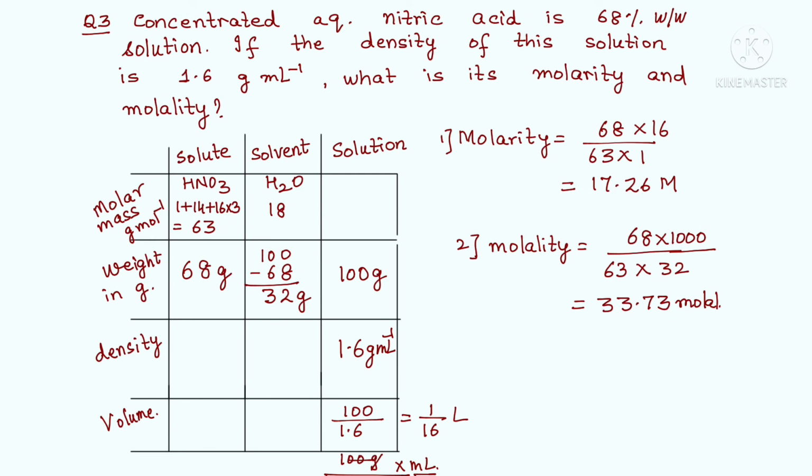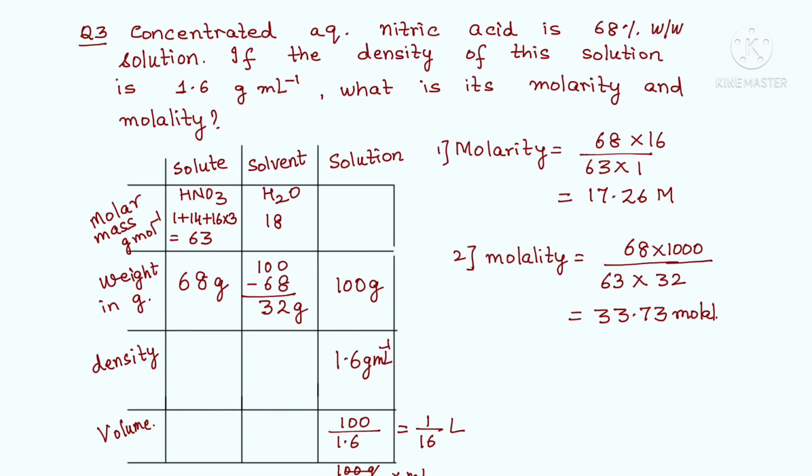There could be slight variation between your answer and mine, maybe in the third, fourth decimal place. So it's okay for now because there's a difference in how we are doing it and the precision to which we are finding the answers. As long as you're getting 17.2 or 17.3, if you've written your answer as 17.3 molar, even that is correct.